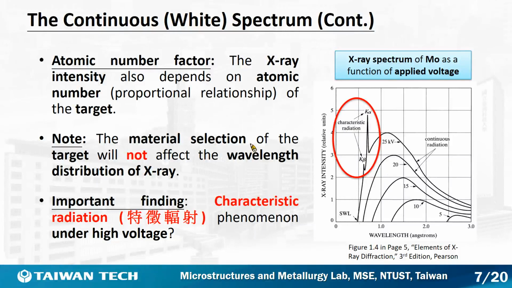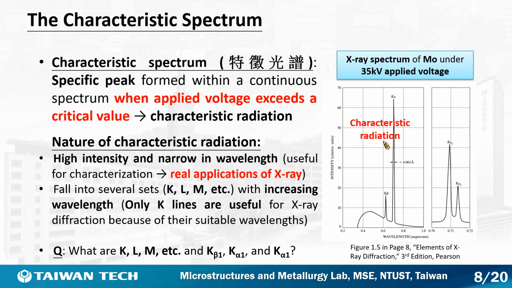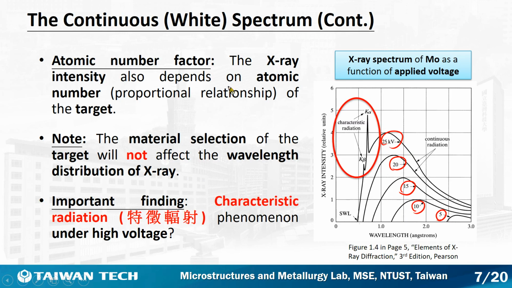Okay, let's talk more about continuous spectrums. In the previous slide, we learned that if we increase the applied voltage, then the X-ray intensity will increase. But here we know that this X-ray intensity will also depend on the atomic number in a proportional relationship.